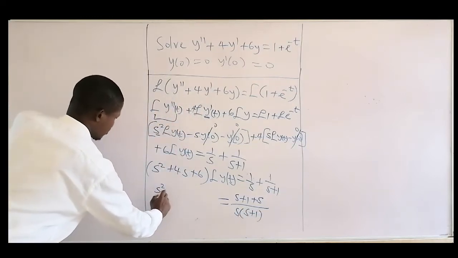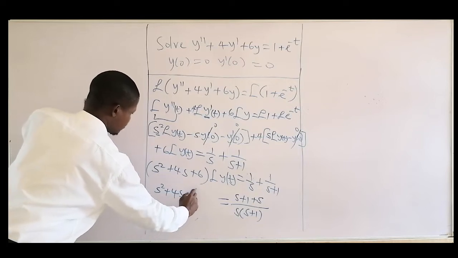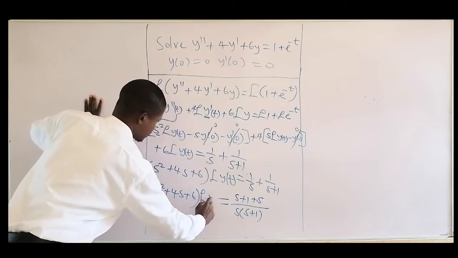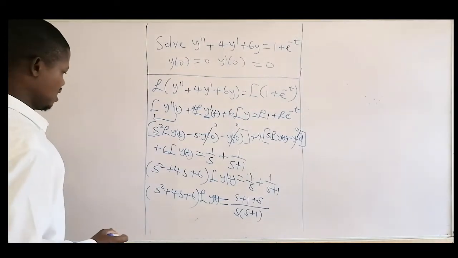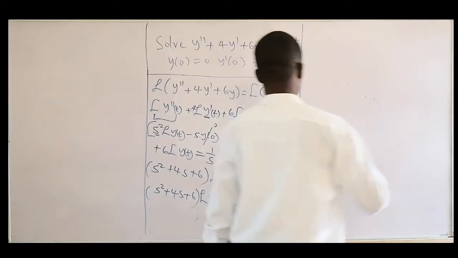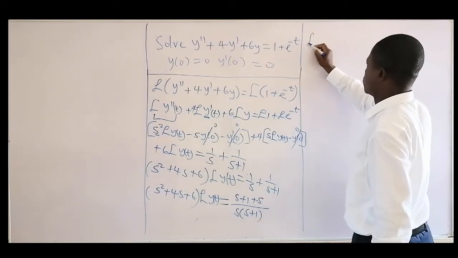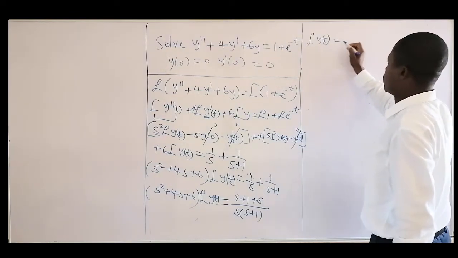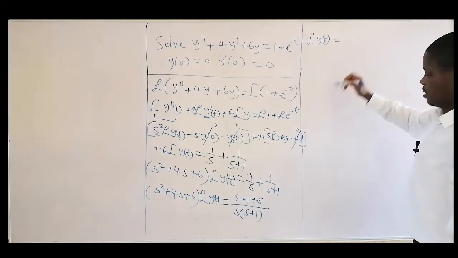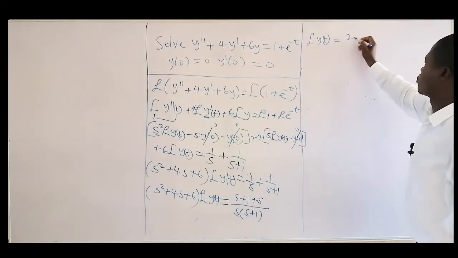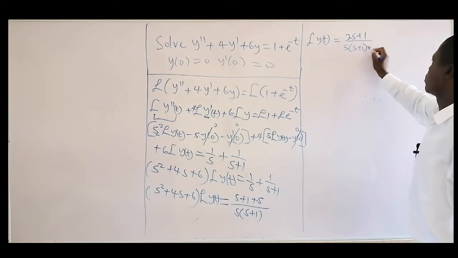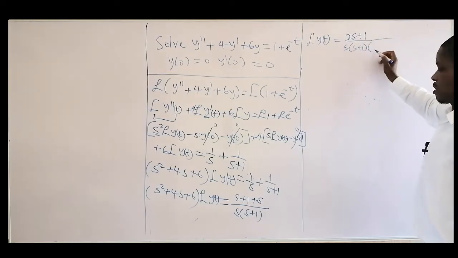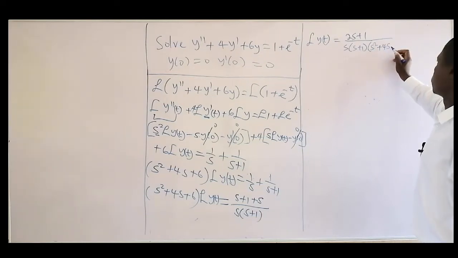This is equal to s squared plus 4s plus 6 times the Laplace of y of t. If you make the Laplace the subject, you have the Laplace of y equal to 2s plus 1 all over s into bracket s plus 1 into brackets s squared plus 4s plus 6.